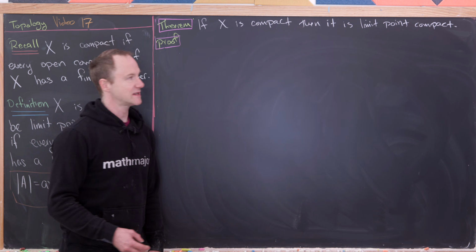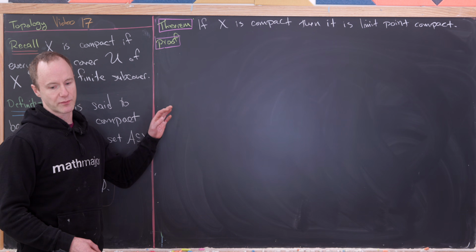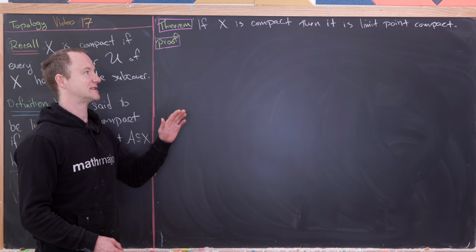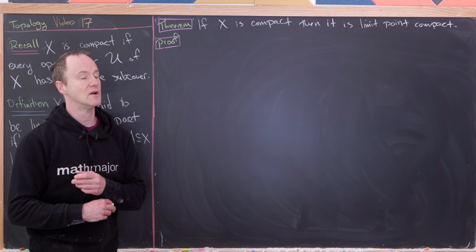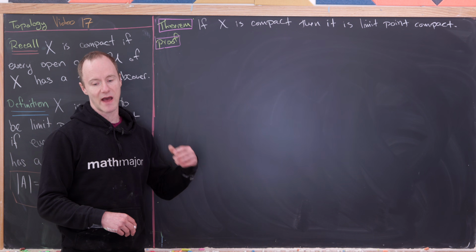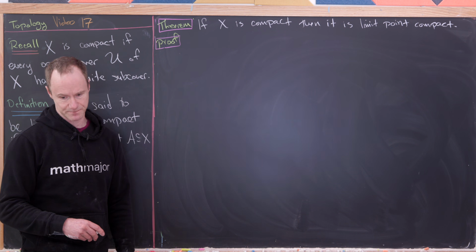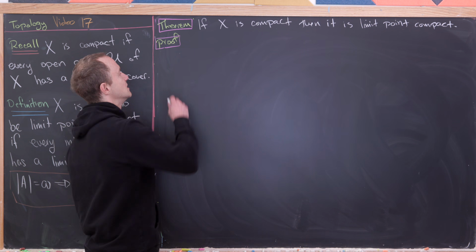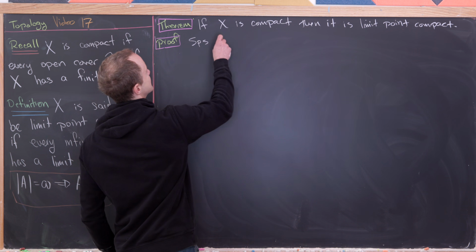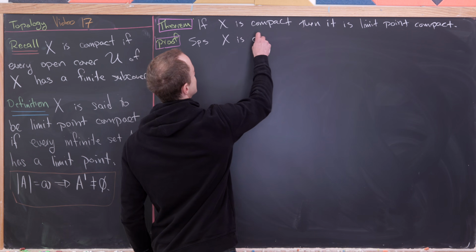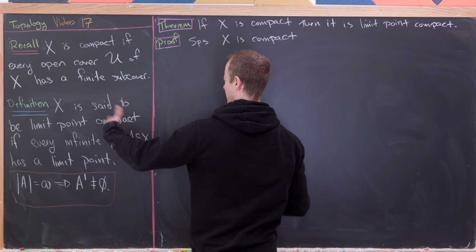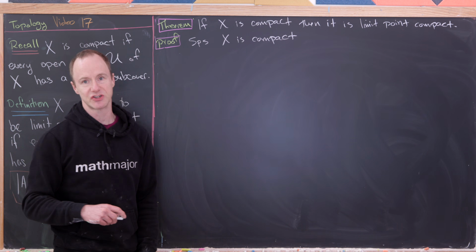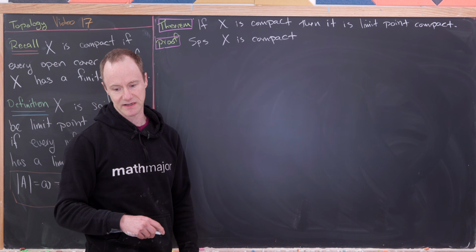Okay, so let's see what we're going to prove now. We're going to prove that if X is compact, then it's limit point compact. And then we're going to give a counterexample for a set that's limit point compact, but not compact. Okay, great. So how are we going to do this? Well, let's suppose X is compact, and then we'll prove the contrapositive of the definition of limit point compactness.